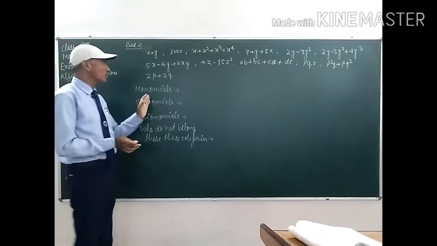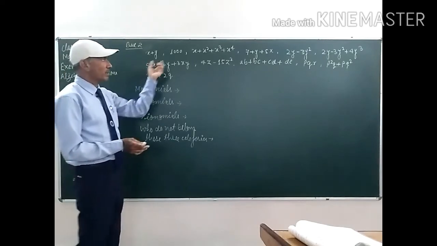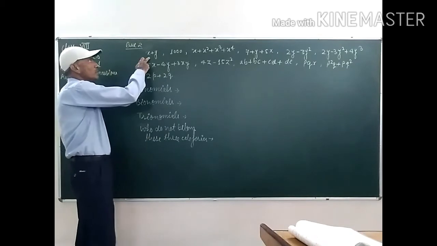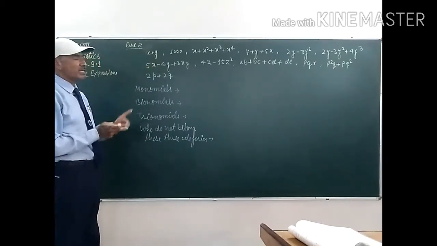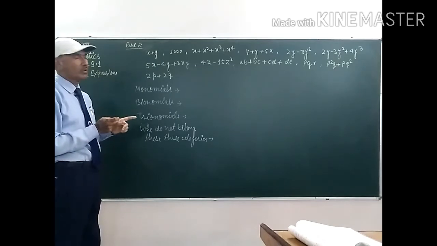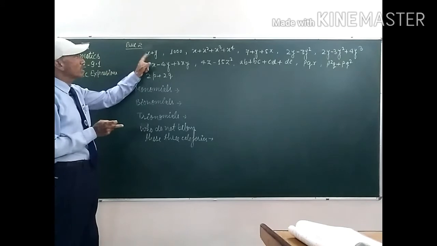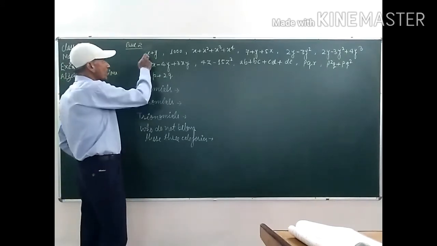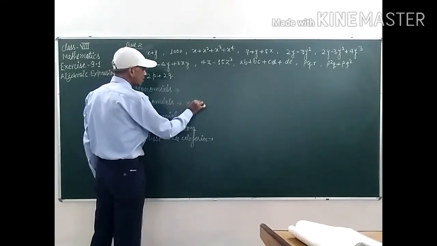Okay students, so first of all you have to find out the monomials. First term, you see that there are two terms because plus and minus separate the terms. Okay, so there is a sign of plus between these two terms, so it has two terms. So the first one is a binomial: x plus y.